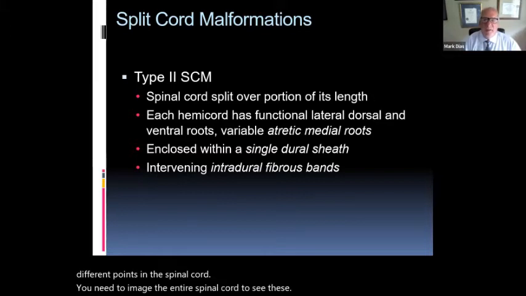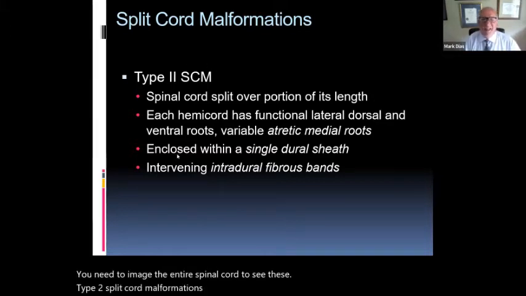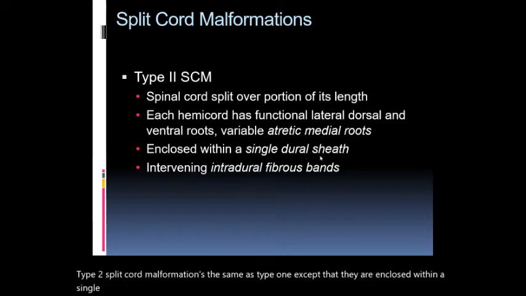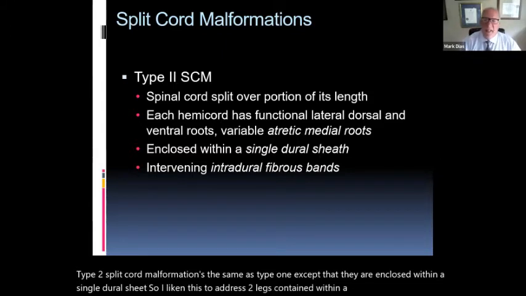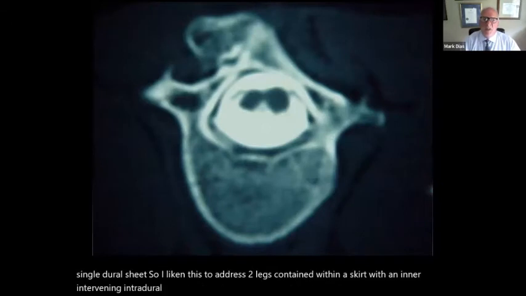Type 2 split cord malformations are the same as type 1, except that they're enclosed within a single dural sheath. So I liken this to a dress, two legs contained within a skirt, with an intervening intradural fibrous band. Remember, we used to think that there was nothing tethering these.